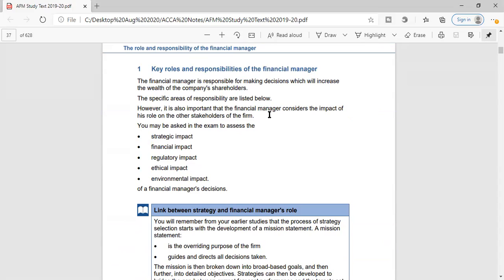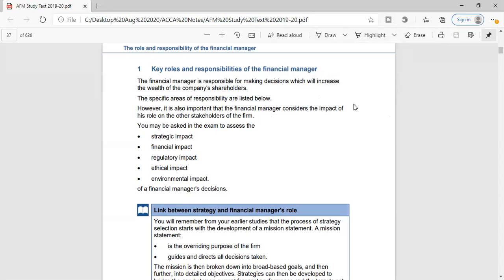But let's take a step back and see why the role is still critical for the success of any organization. We are aware that the role of the financial manager, CFO, financial controller is so critical that it is seen as the core business leader in any organization.